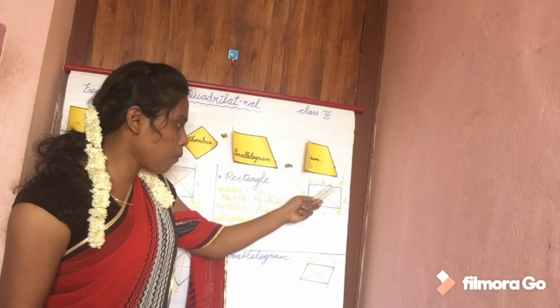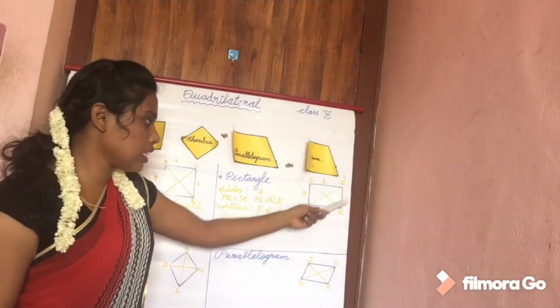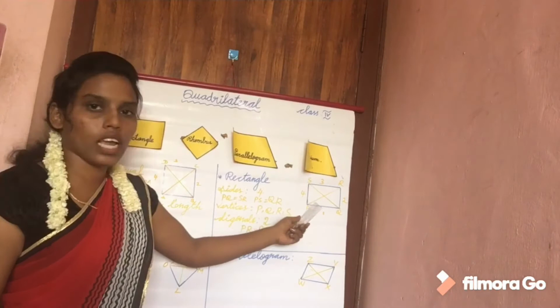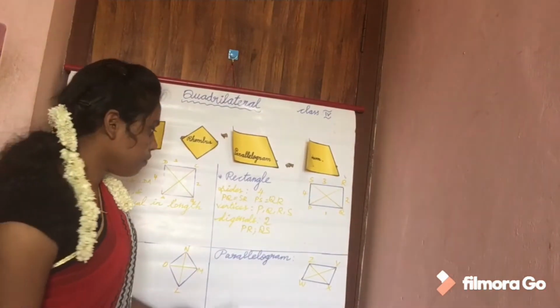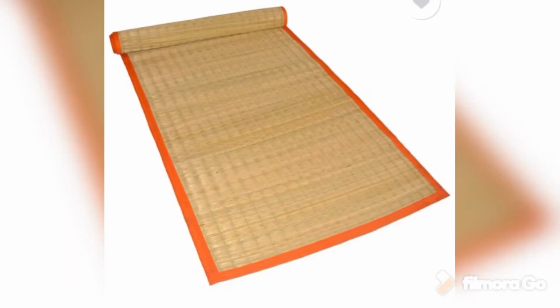A line from P to R is one diagonal and Q to S is another diagonal. But the diagonals are also equal in length in a rectangle. In a square and rectangle, diagonals are equal. Okay. Examples of a rectangle are a mat and a blackboard.